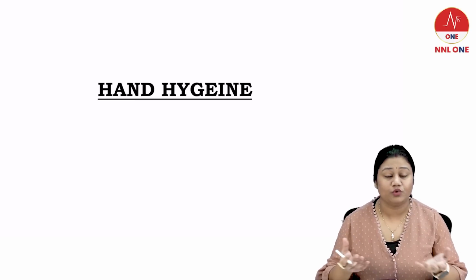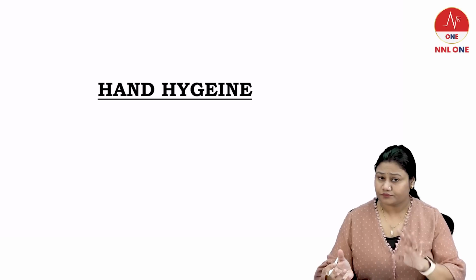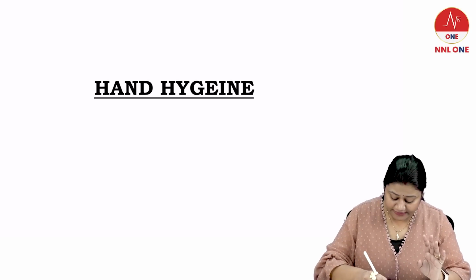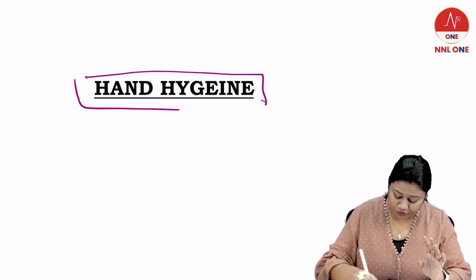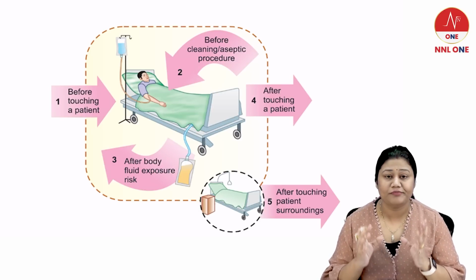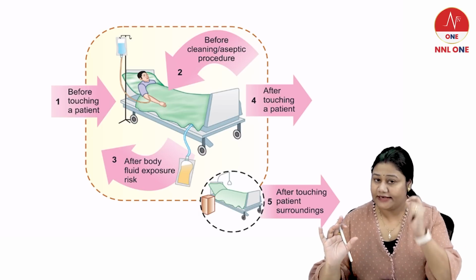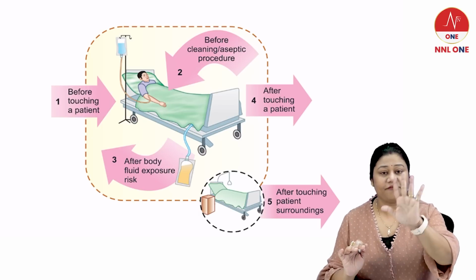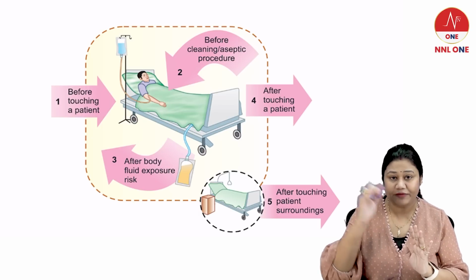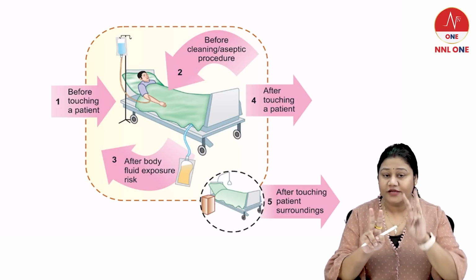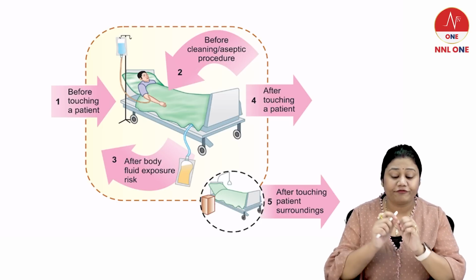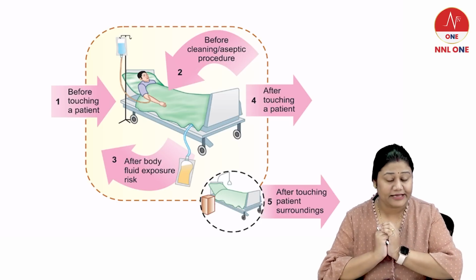Now let's move to another very important topic, which is hand hygiene. Under hand hygiene, the first and foremost part is related to the moments of hand hygiene. How many moments are there? 5. And how to revise them? In a sequence: 2 before, 3 after. Before touching a patient, I have to perform hand hygiene.